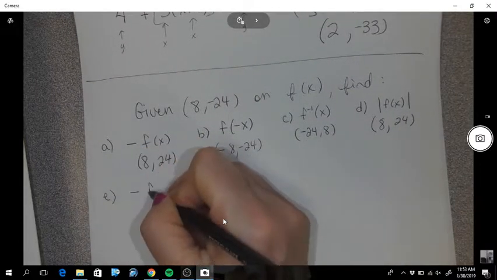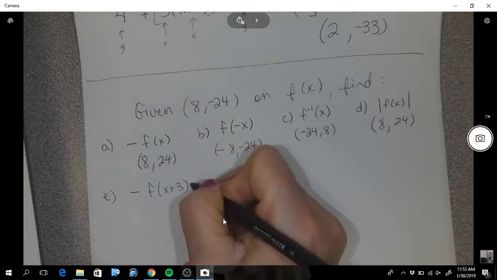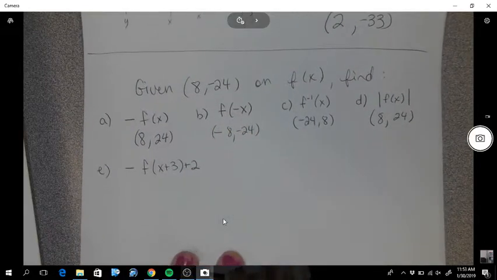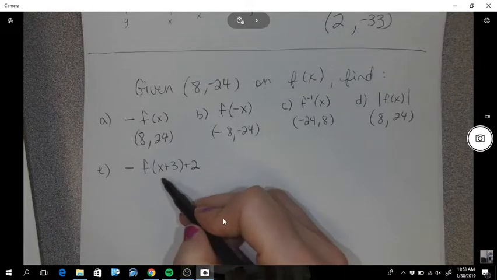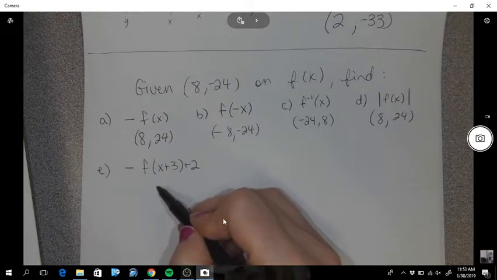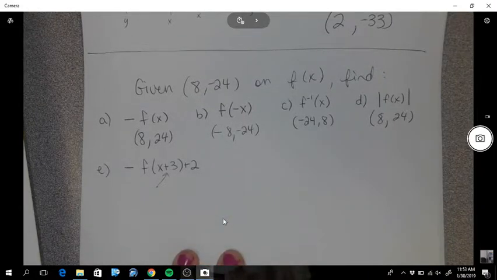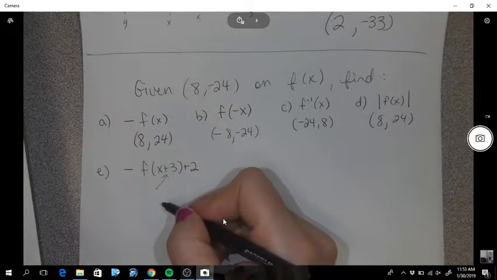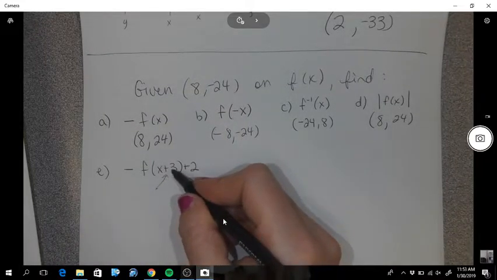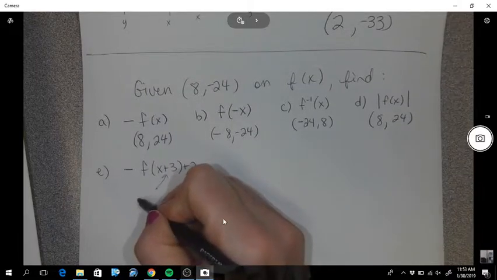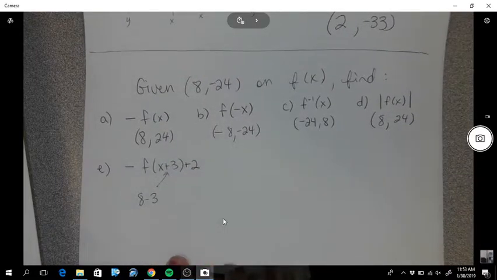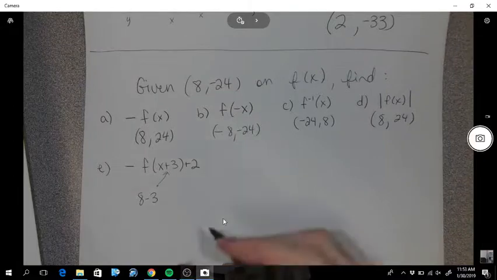Okay, -f(x + 3) + 2. The x gets affected by the plus 3, which is a horizontal movement of left 3. So we're going to change the x like that.